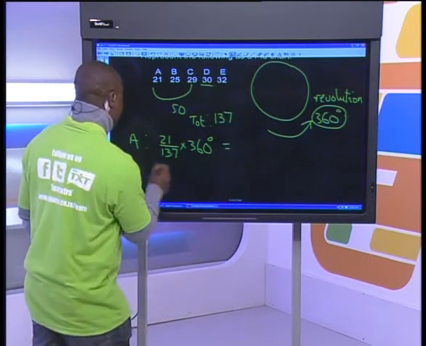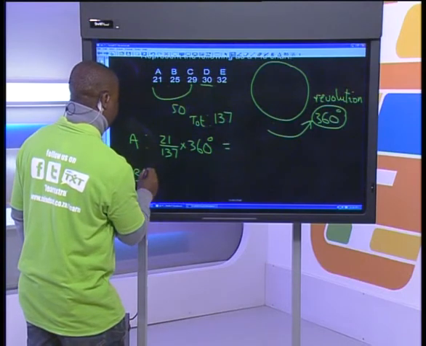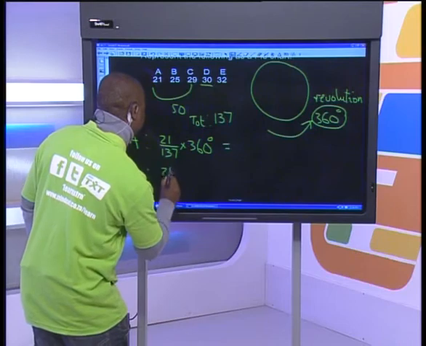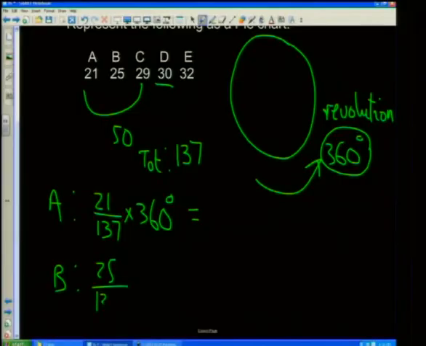All right? For B, it's going to be 25 divided by 137, that you multiply by 360, because that's the full circle there, and you're going to get a value there in degrees. All right.